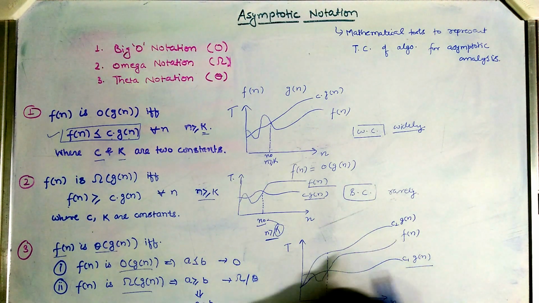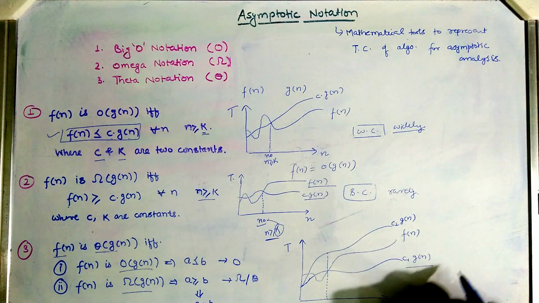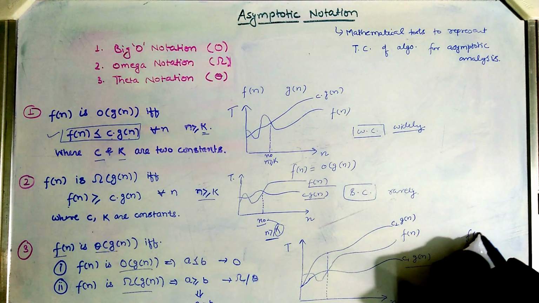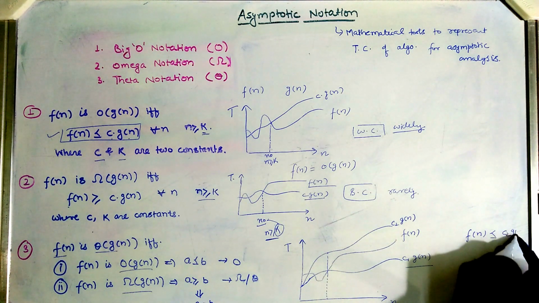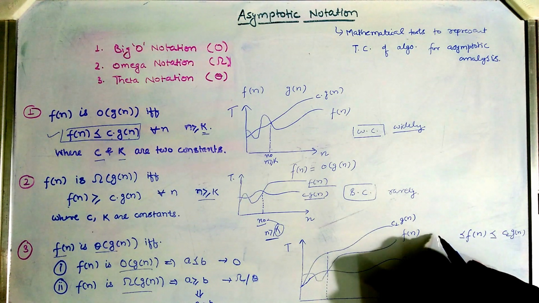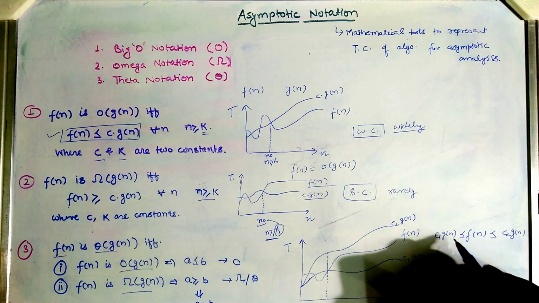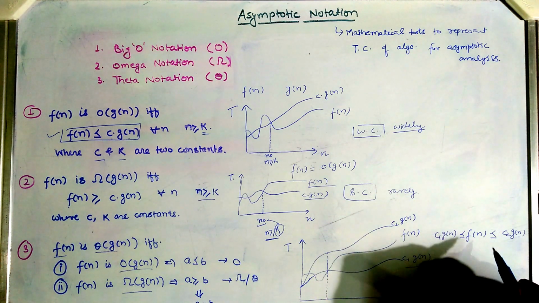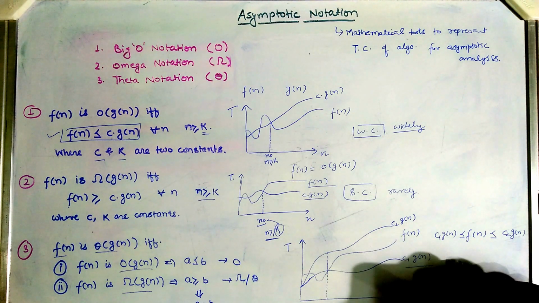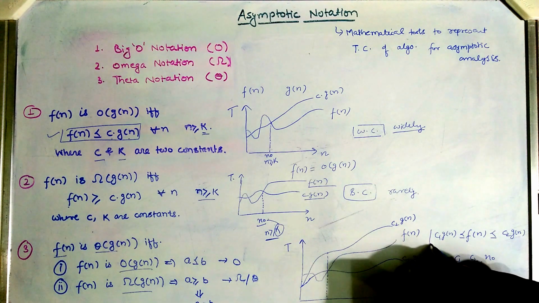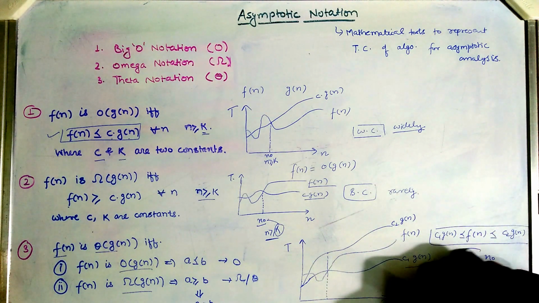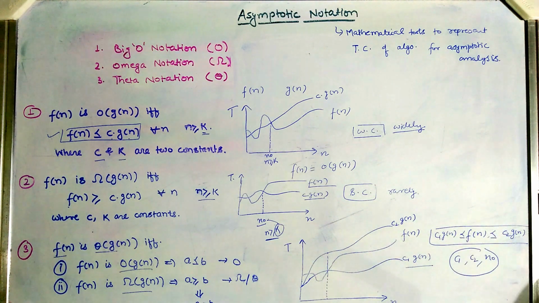So the definition says that your function f(n) is always less than or equal to c2 of g(n) and always greater than or equal to c1 of g(n). For the constants c1, c2 and n naught, this condition is true. For those constants, this condition would always be true.